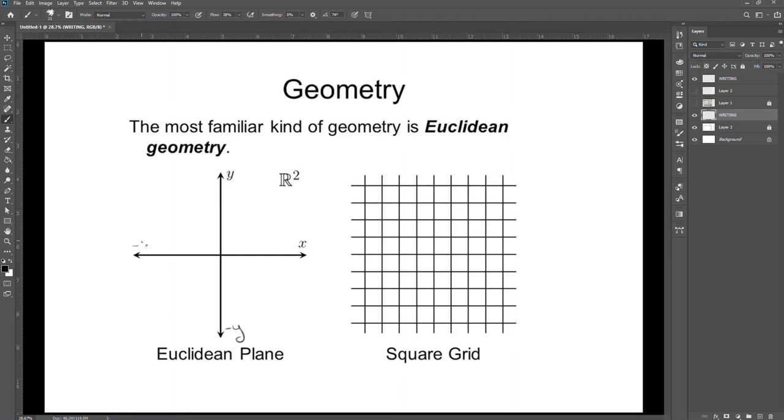Movement going to the left is negative x, and movement going to the right is positive x. So we are going to be using this to move around the page. Remember, the origin is 0, 0. That is how the coordinates are written. The coordinates go x, comma, y.